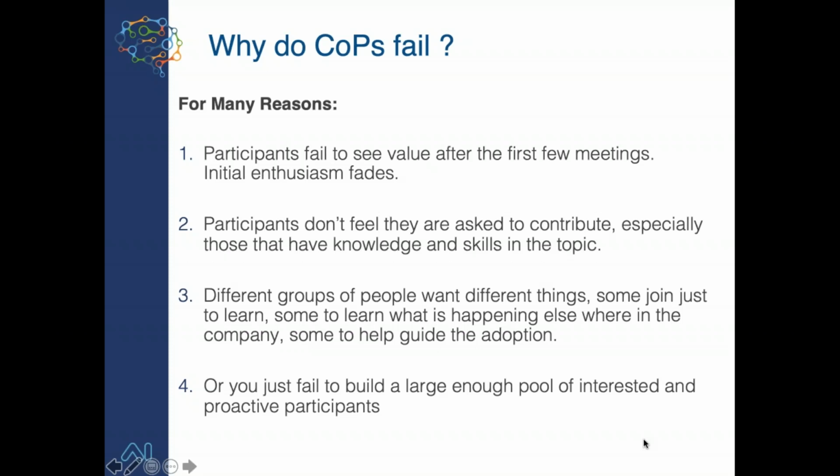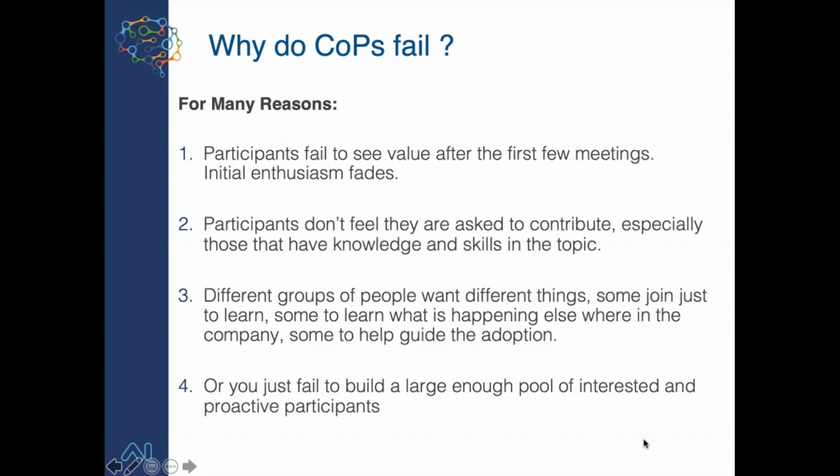They may join the first couple and find it kind of interesting, but then the enthusiasm fades after a while, and you tend to see that the attendance numbers, after an initial spike of interest, after a few months just tail off, and people lose interest.